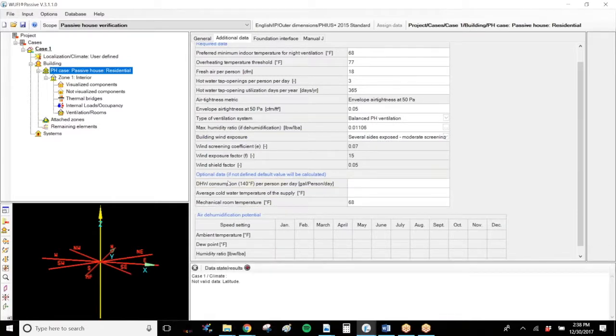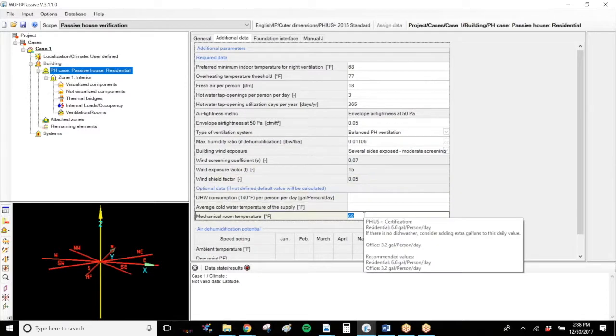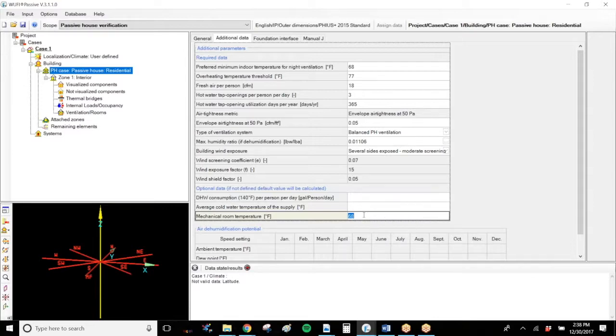In WUFI Passive there are also sections of optional data at the bottom, and it will tell you that if you do not define the value, default values will be used. So technically we could use these values, or we could leave these values blank. Most of the time WUFI Passive does not like blank cells. You will get errors. You will not get final results until you fill them in, except for the areas where there are optional data entries.